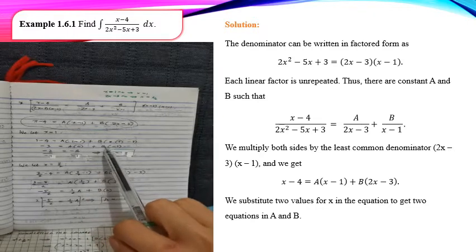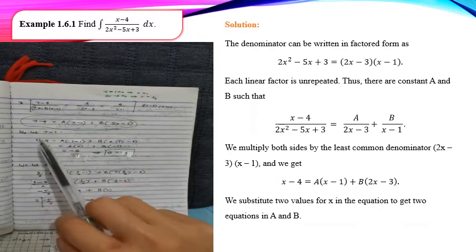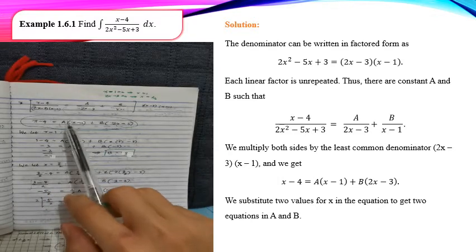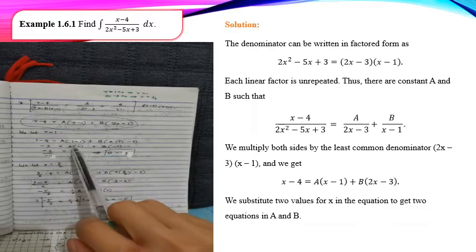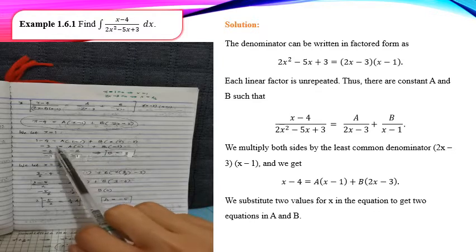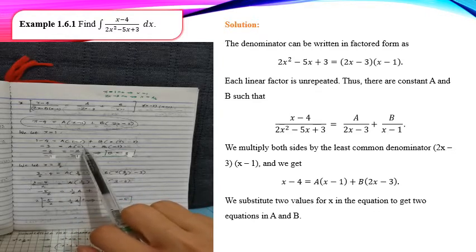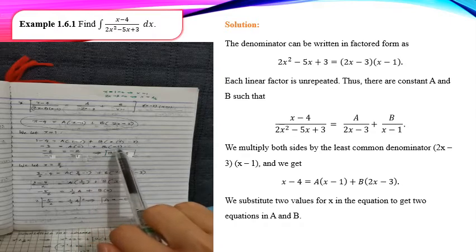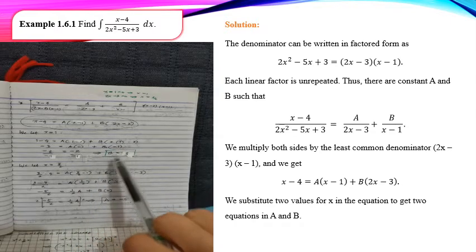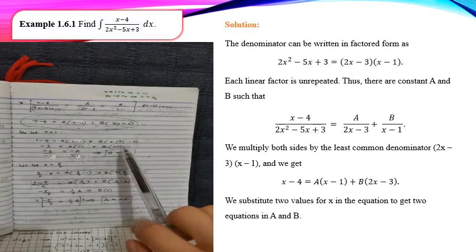Then only variable B remains. So we have 1 minus 4 equals A times (1 minus 1) plus B times (2 times 1 minus 3), with x replaced by 1. 1 minus 4 is negative 3. 1 minus 1 is 0, and 2 times 1 minus 3 is 2 minus 3, which is negative 1.